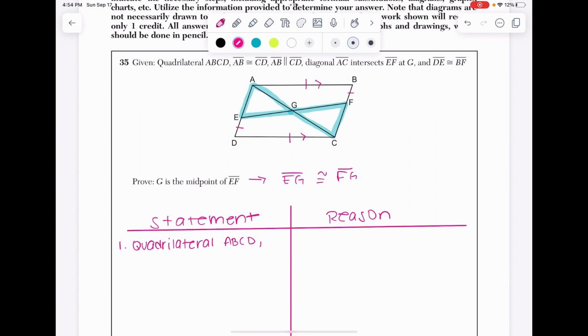So I'm going to just sit here and copy all of those given statements over. And for the reason, I'm going to just write given.